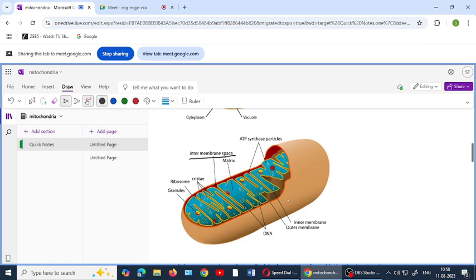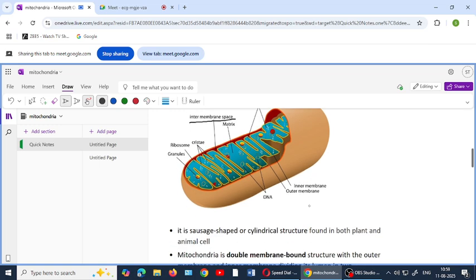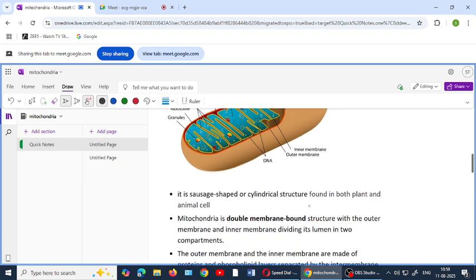That means they are called precursors. Okay, so ATP synthase particles are present here. So this is the overall structure of what? Mitochondria. Okay, next I will discuss the points in detail.